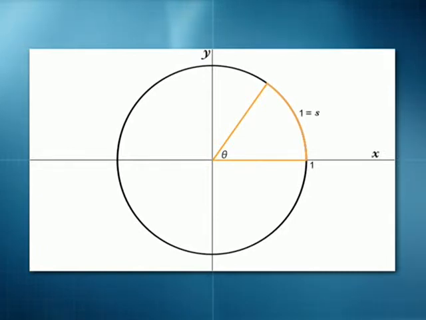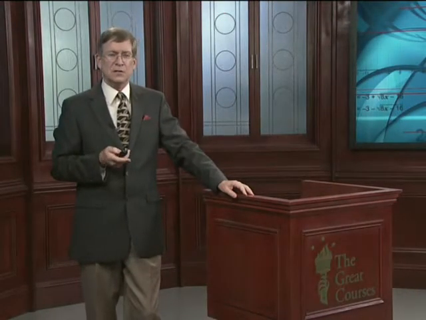Okay? The radius of the circle is 1, the length of the arc is also 1, and the angle that is cut off there, or subtends we sometimes say, is 1 radian. And it turns out a radian is about 57 degrees. I'll show you in a moment what the exact value is. It's about 57 degrees.